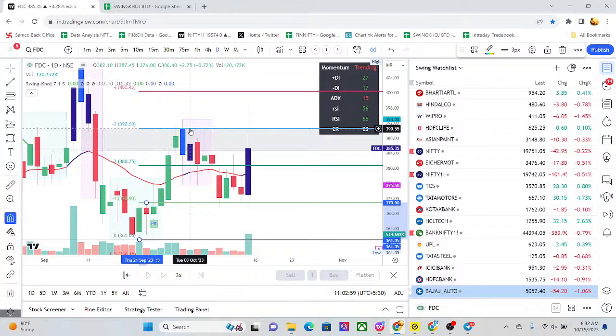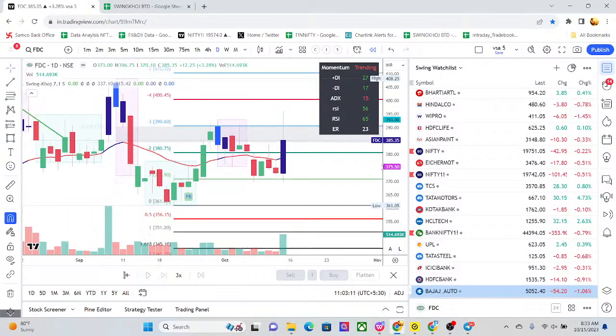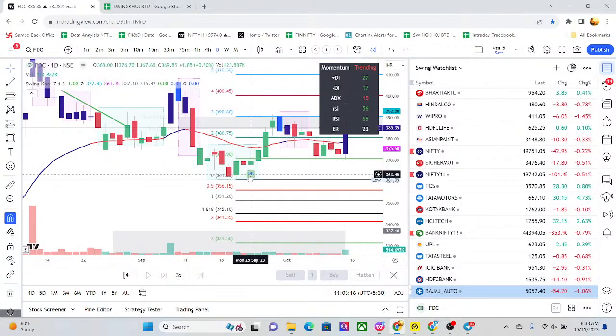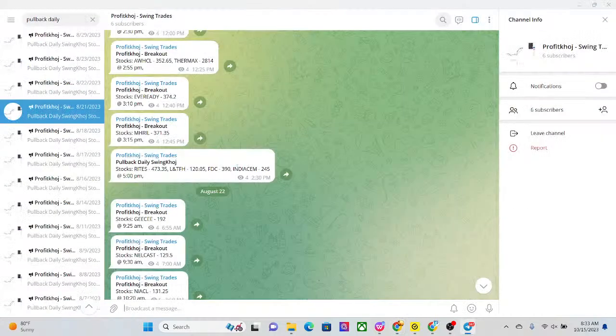Is it clear? You can see TradingView is giving a pullback here, but we already got the signal here, on 21st. Let's see some other chart.